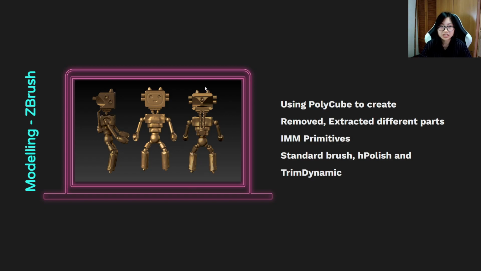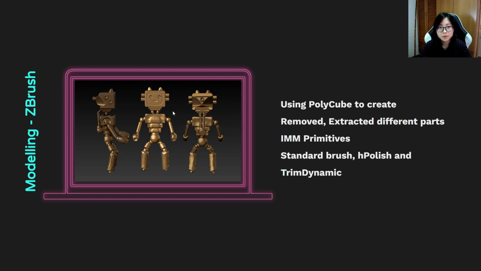So starting from the head, which was created using polycube, I removed some parts and then added indentations by using standard brush, and then added definitions using polish and trim dynamic. And then the additional parts like the side here and the eyes were done using IMM primitives, and the ears were done by masking the parts and then moving using the move brush.